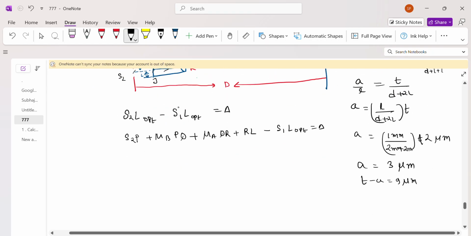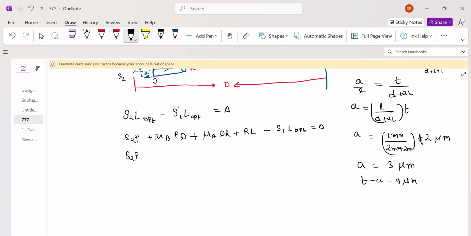Now from here we can play a jargon over here. So this is S2P plus PQ plus QR plus RL. Then mu B PQ minus PQ plus mu A QR minus QR minus S1L optical.